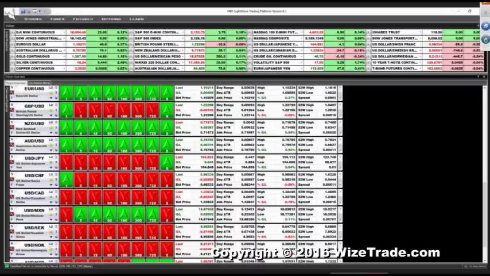This Kiwi just broke resistance at 71.80. The Aussie's closing in on 77 cents. You know what's interesting is the stock market's actually pulling back a little bit. We were up 44 points in the Dow futures, only up 23 now. And these commodity currencies are still very strong, which is surprising to me.